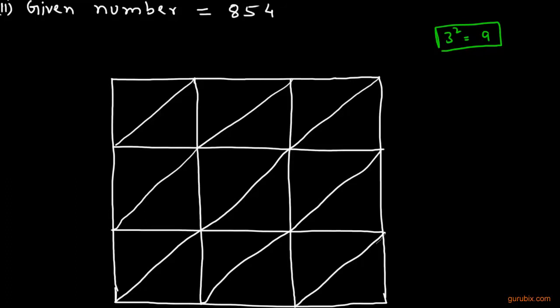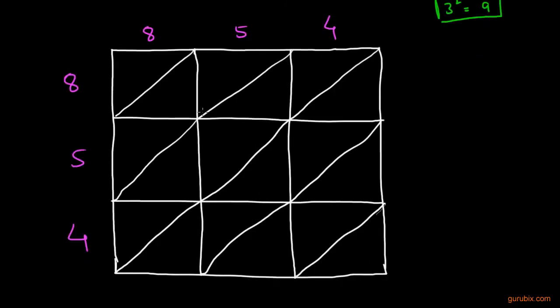The given number is 854, and we shall write the digits over each column like this, and 854 like this. Now we shall multiply these numbers. 8 into 8 means 64, we shall write 64 like this. 8 5s are 40, we shall write it like this, and 8 4s are 32, we shall write it like this.